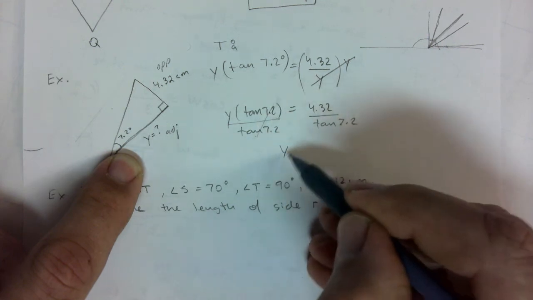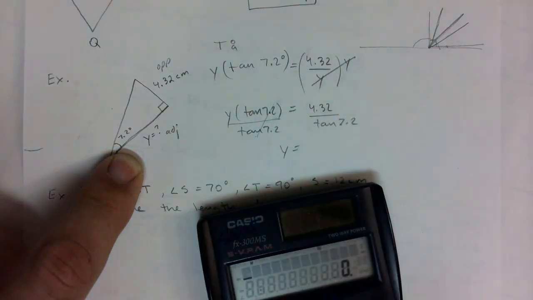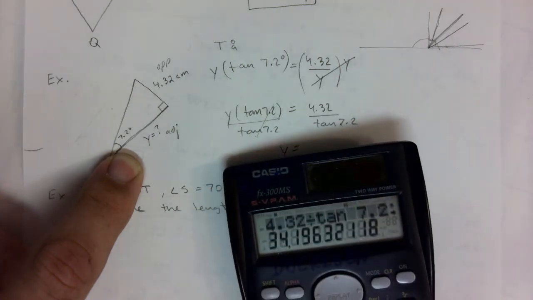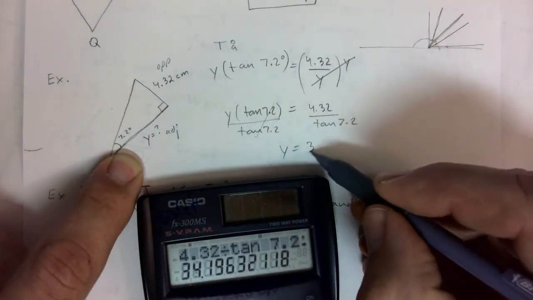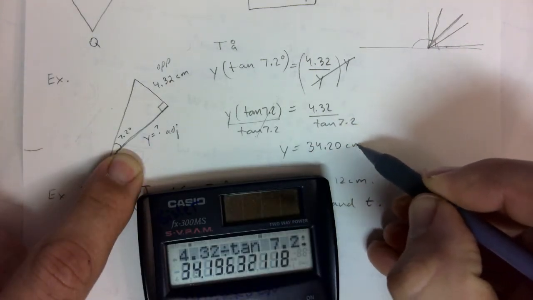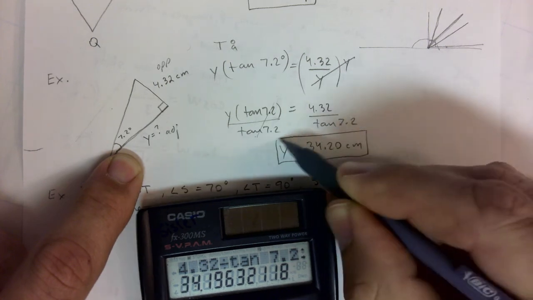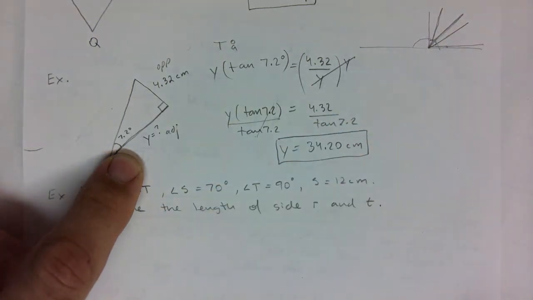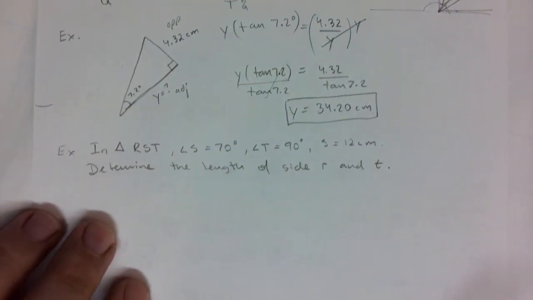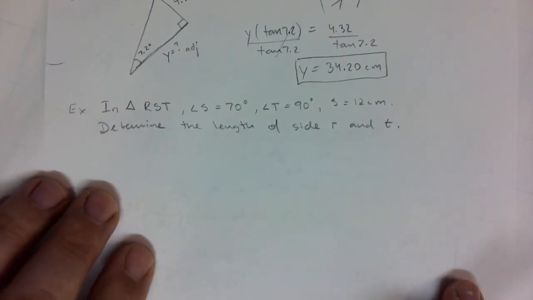This cancels out, so y, you can just write down the answer, 4.32 divided by tan of 7.2, and that's 34.20. That's correct. Way to go, folks. You either had a really good teacher in grade 9, or you're just very smart and you're picking it up right away.